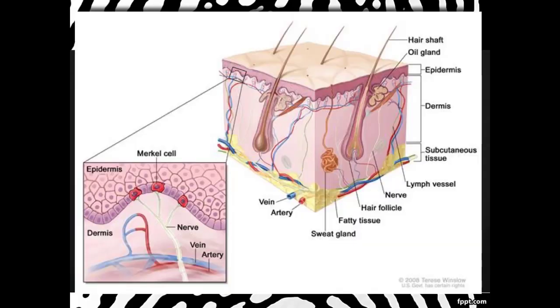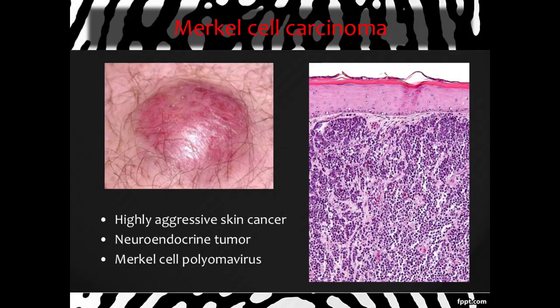When we are talking about the Merkel cells, we have to mention the Merkel cell carcinoma, which is a very rare but highly aggressive skin cancer that develops when Merkel cells undergo uncontrolled proliferation. It is categorized as a neuroendocrine tumor, and it's associated with the infection of a newly identified polyomavirus.